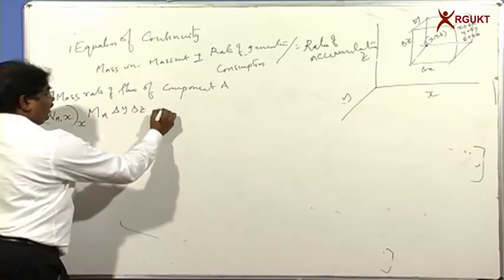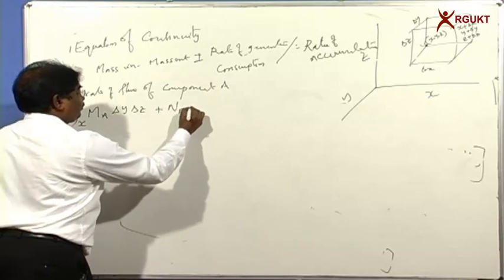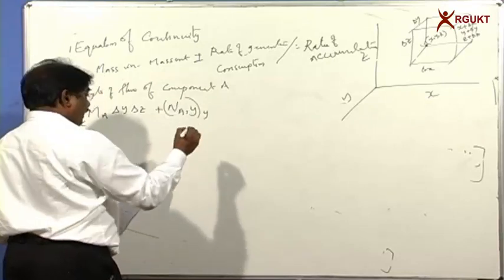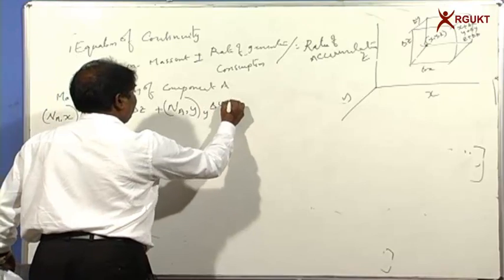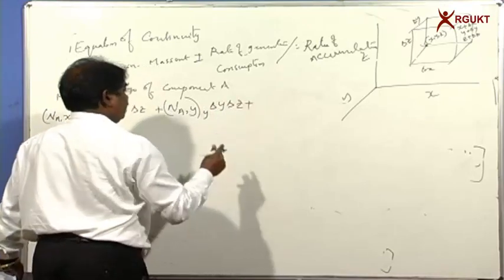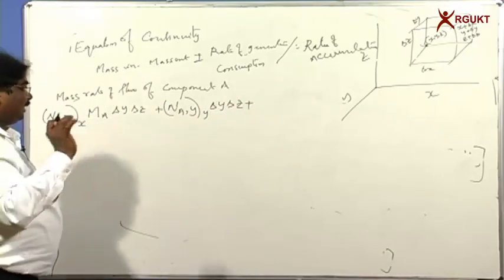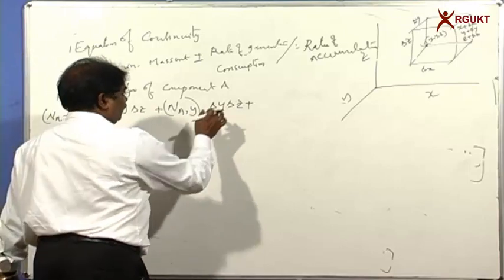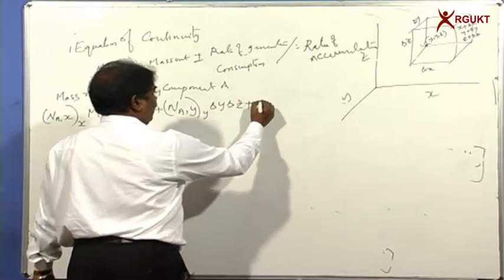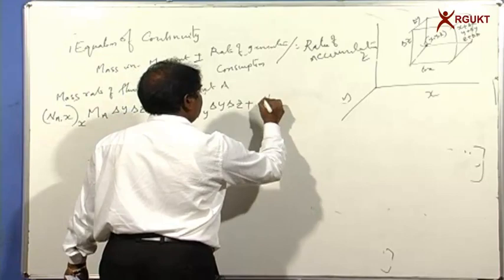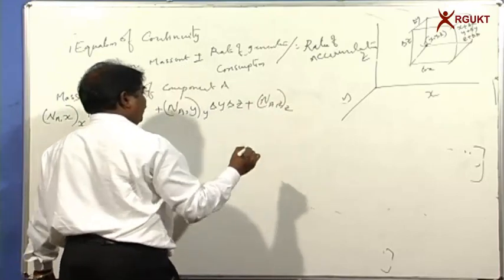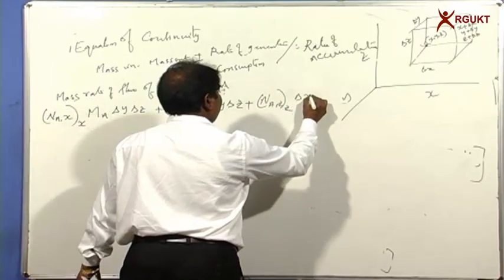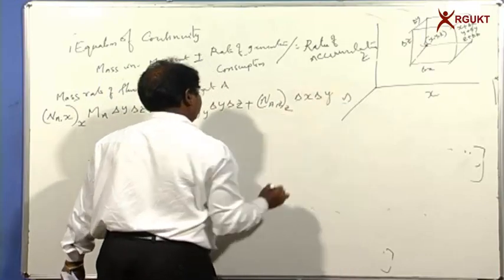Similarly, you can write it for NAy, entering at y, times delta x, delta z, that is the flux entering in the y direction, multiplied by the area perpendicular to the flow, and NAz entering at z, times delta x, delta y.